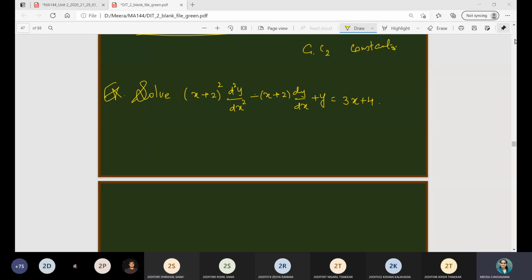So when you convert this into the differential equation with constant coefficients, did anyone get the equation? What do you get? The auxiliary equation, ma'am: D² − 2D + 1.